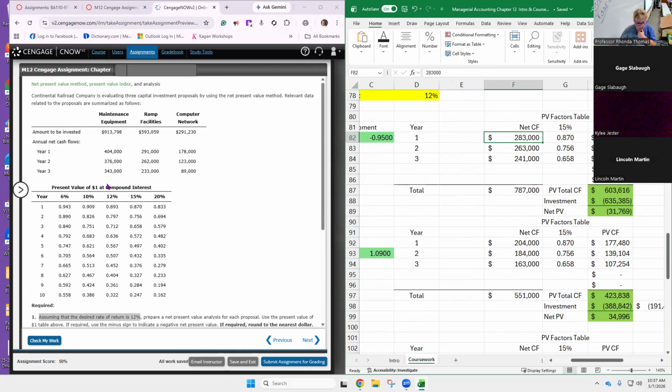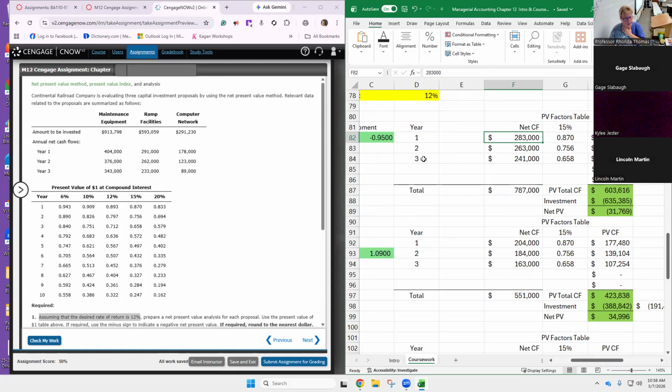We've got an option to maintain equipment, or make ramp facilities, or buy a computer network for wherever we're at. We're a railroad company. Our 3 capital investment proposals are here. And we are going to use time value of money for both of our analyses for all 3 of these.